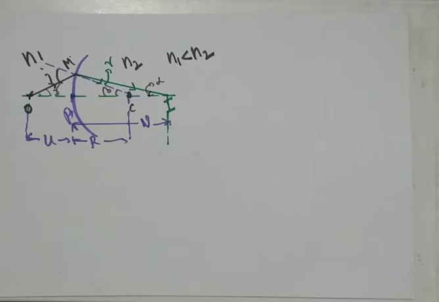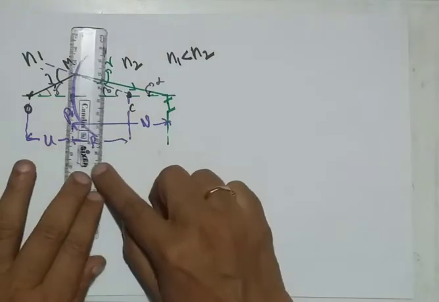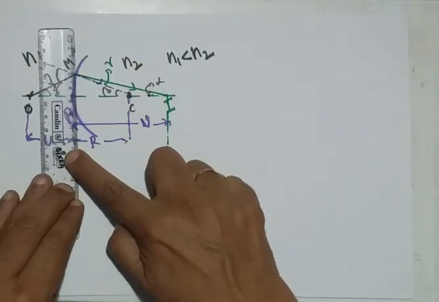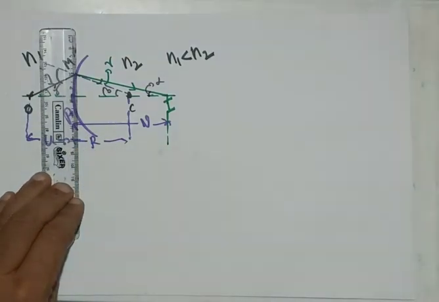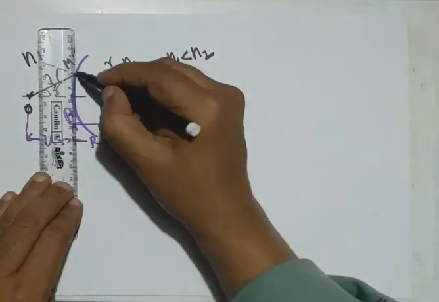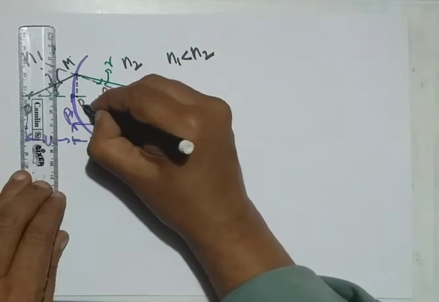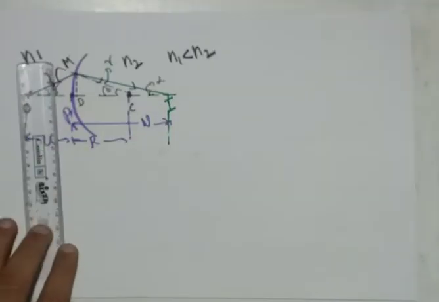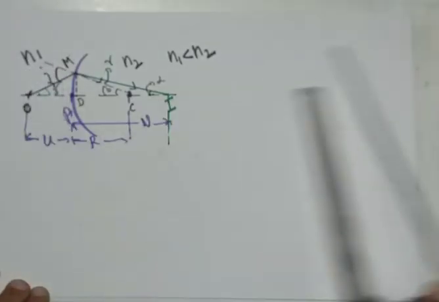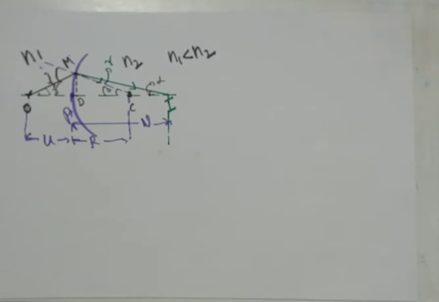Now we also draw a line perpendicular to the principal axis from M, as we did in mirrors also. I draw that. This I call D. Say D is approximately equal to P for paraxial rays. Now we start deriving.